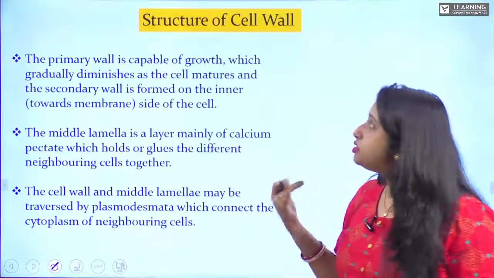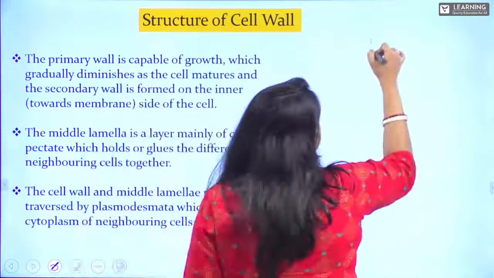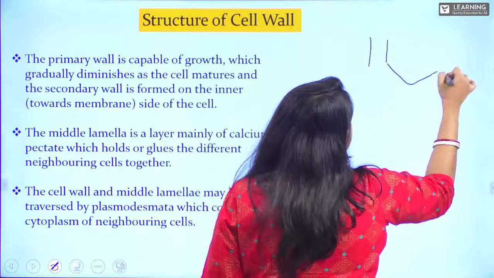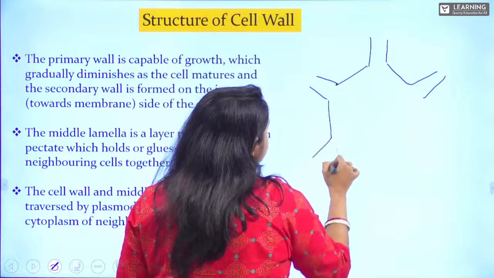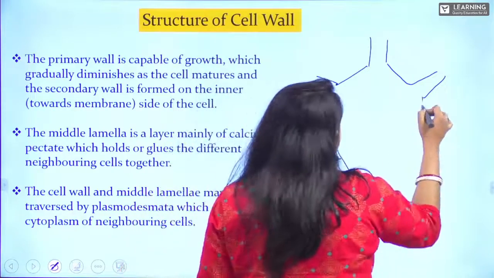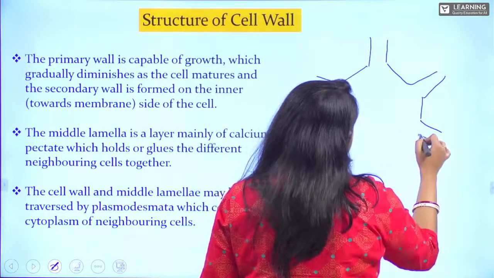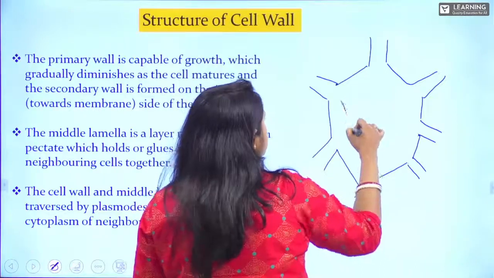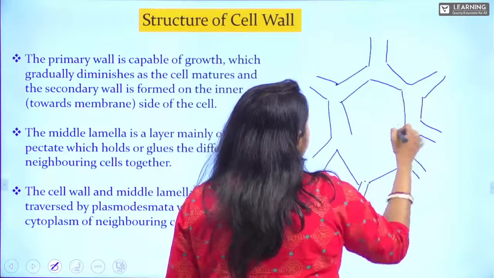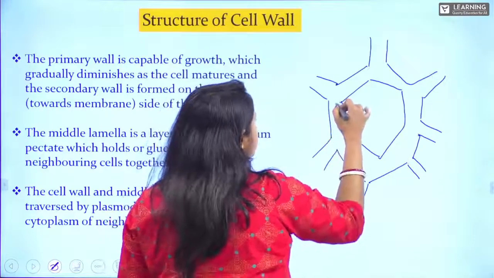So see, how is the structure of the cell wall, as we have already discussed, right? So if we look into the structure, it will be like this, isn't it? The structure of the plant cell, hexagonal. So something like this. Here you will find layers.